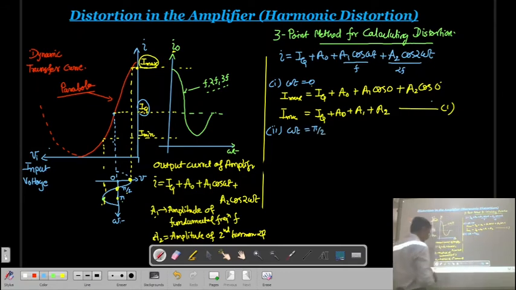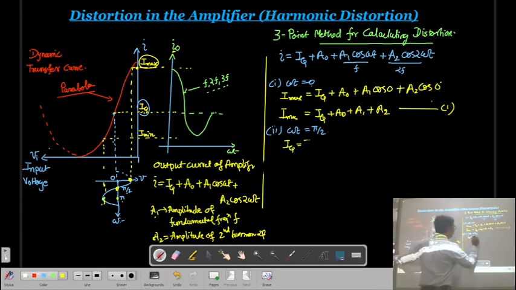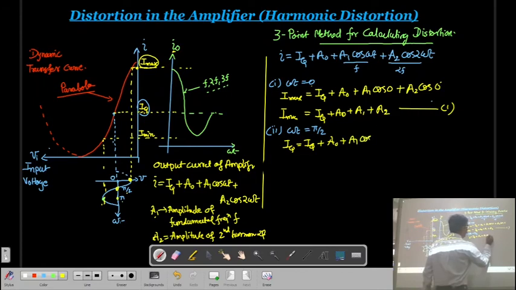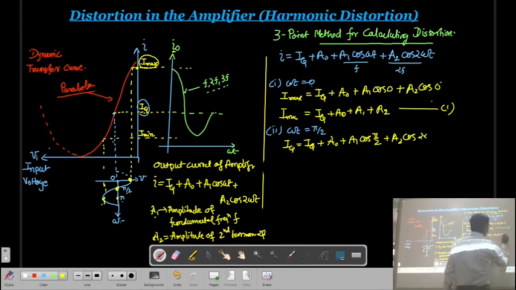And in that case, we can write that the IQ is equal to IQ plus A0 plus A1 cos pi by 2 plus A2 cos 2 into pi by 2.